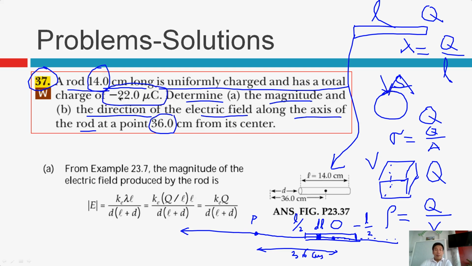So you already know the size of the charge, so you can find the electric field here. I call this dE. Calculate dE: dE equals k dQ divided by the distance from here to here squared.